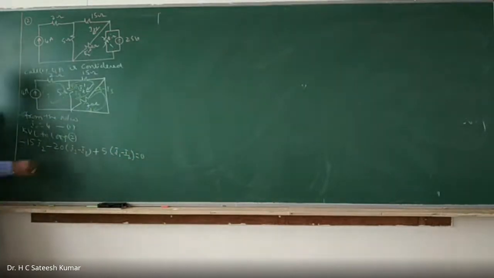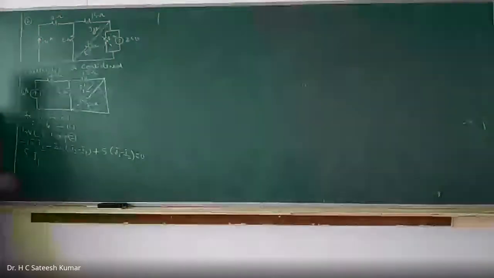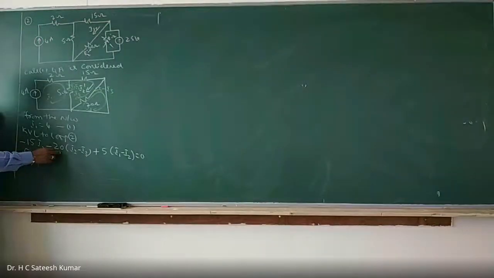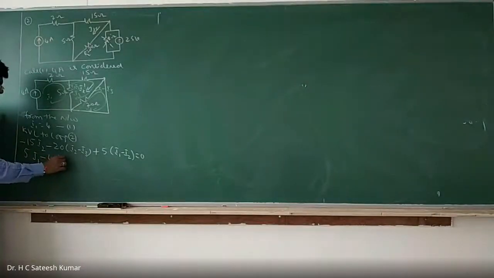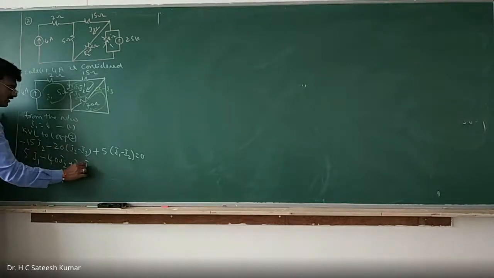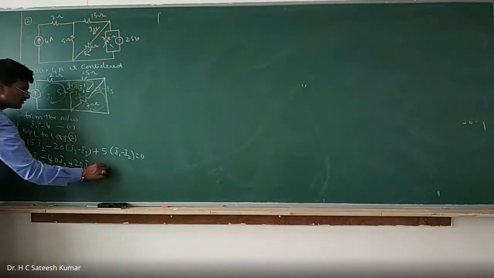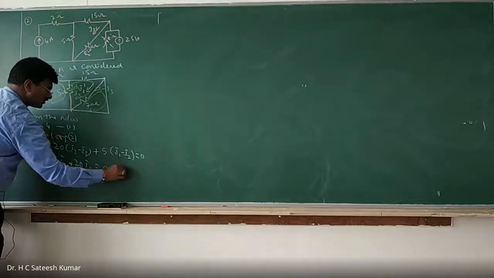So therefore, what do we have? 5 I1, minus 15 I2, minus 20 I2, minus 5 I2, that is minus 40 I2, plus 20 I3 is equal to 0. Call this equation number 2.